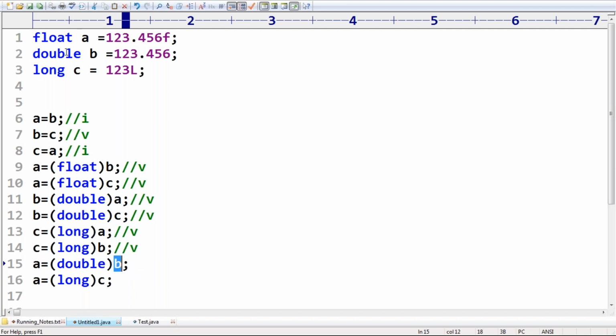No. B is what type? Double. Double to double, you didn't do any conversion. A double you are trying to assign to the float. That's why it is invalid. Next, C is long to long we are doing. Long I'm trying to assign to the A. No problem, acceptable. So take special care. Whether the conversion is to the corresponding type or not is also very important.